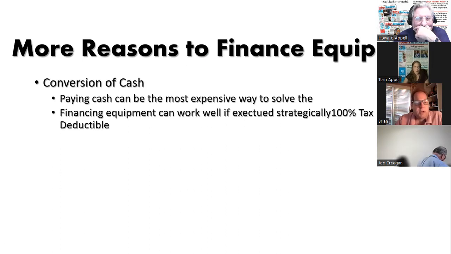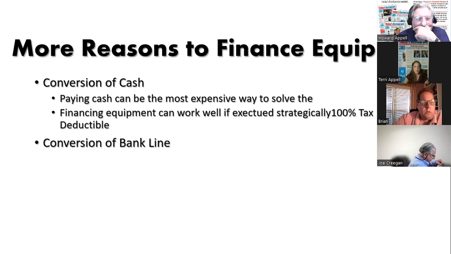Again, we talked about tax deductible. We do sometimes offer a bank line of credit. So if we approve you for 100,000, you might only need about 50 at this time.